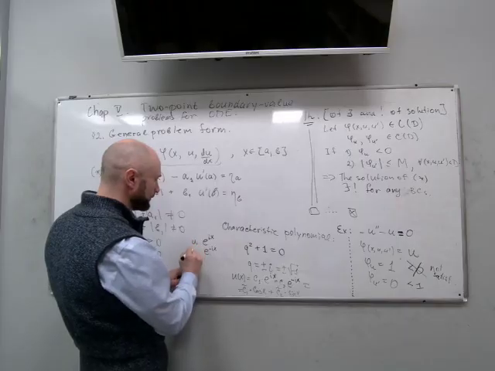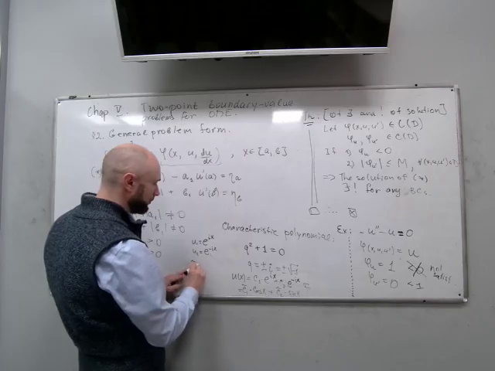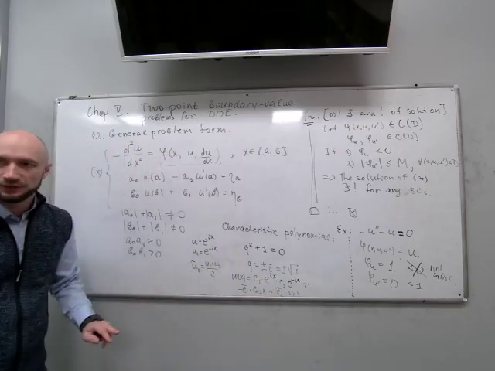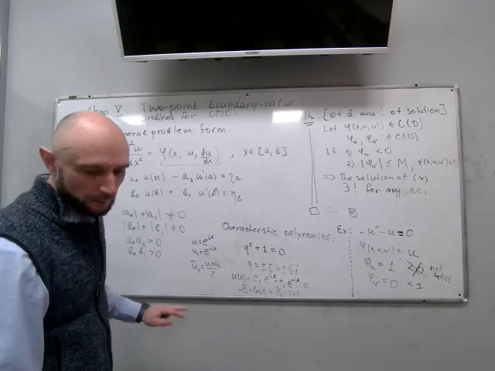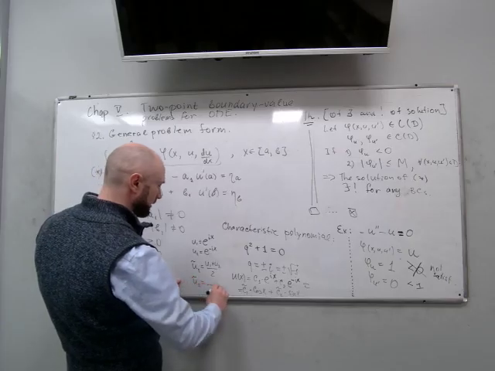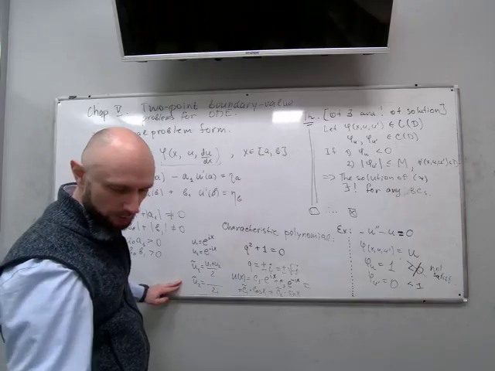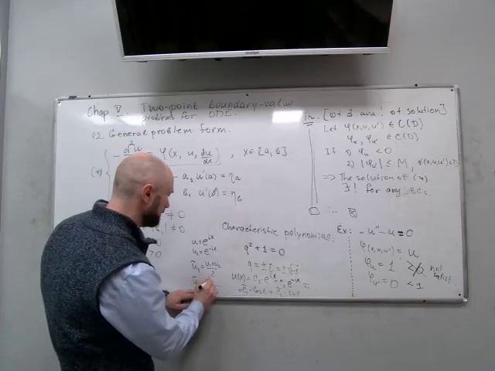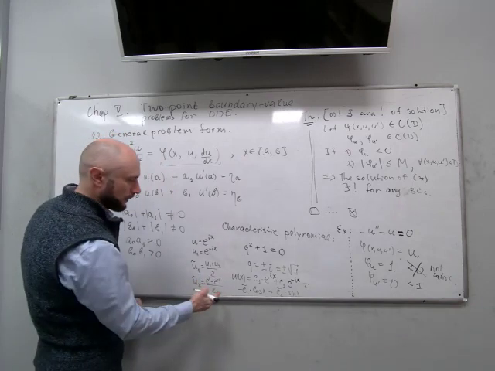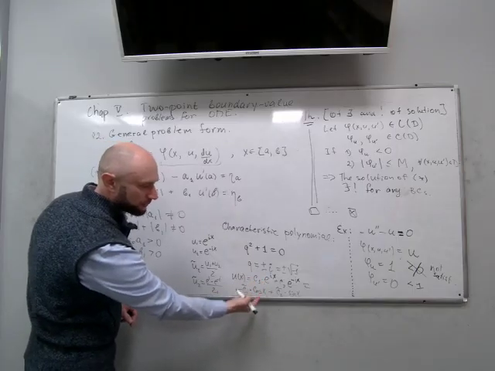So if we denote this by u1 and this by u2, we can construct another solution by making this combination. And we can construct yet another by making, let me check, this combination with 2i. And this is how you can prove that this form is equivalent to this form.